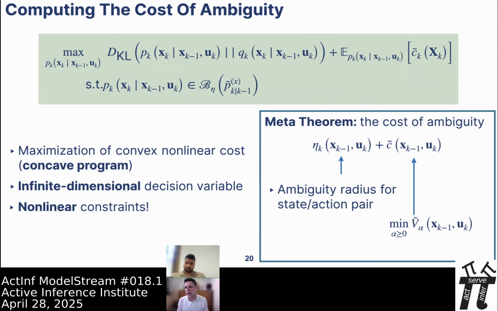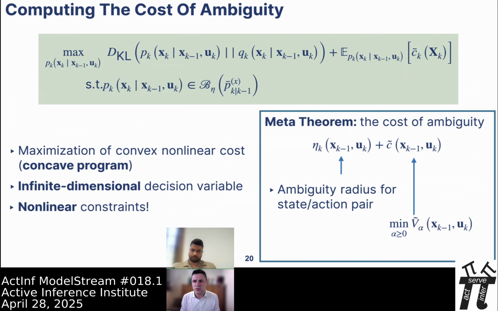So in this formula, alpha is a non-negative scalar value. So we just have scalar optimization. And v tilde alpha is a function that I'm not going to specify here, but it is convex. So in the end, we can recast the problem of finding the cost of ambiguity and address it via a convex scalar optimization problem that moreover has a global minimum, of course, because it is convex optimization.